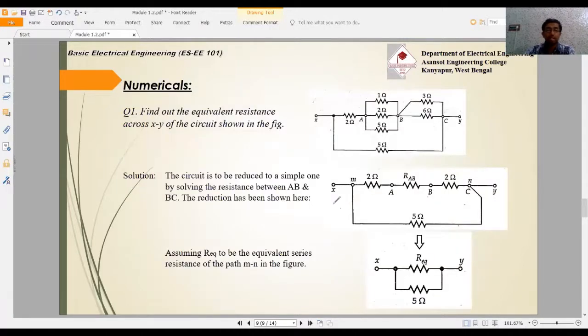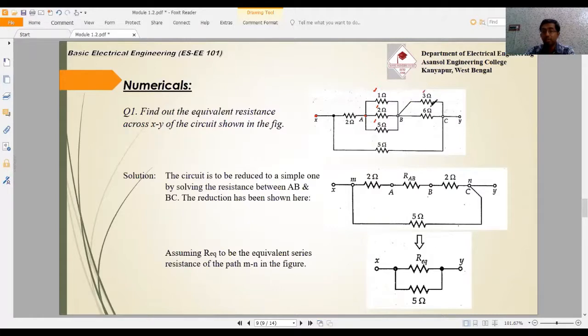Now let's solve some numericals. Question number 1. Find out the equivalent resistance across XY of the circuit shown in the figure. Here, across XY, you can see that this 2 ohm is connected with point A, where 3 resistances 1, 2 and 5 are in parallel, and from this B point 2 resistances are connected in parallel.